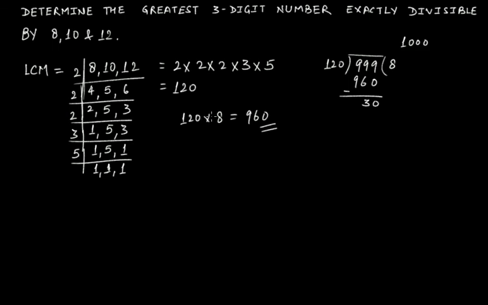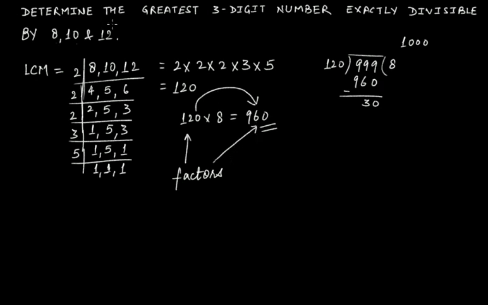Now, since 8, 10 and 12 are factors of 120, and 120 is a factor of 960, therefore 8, 10 and 12 will also be factors of 960.